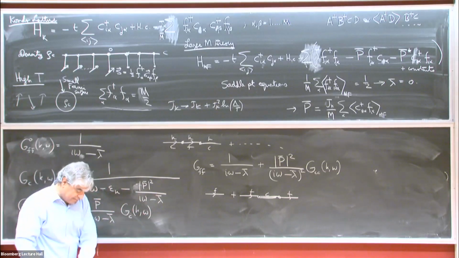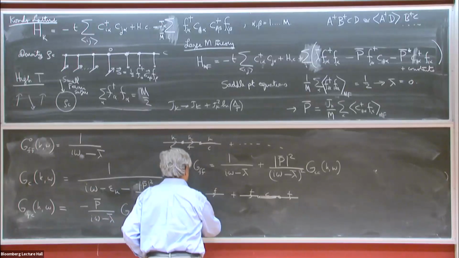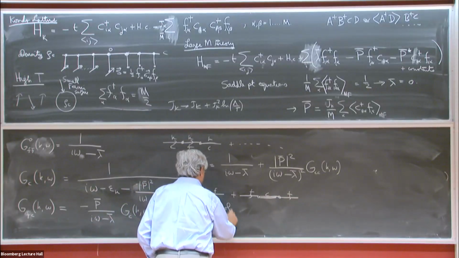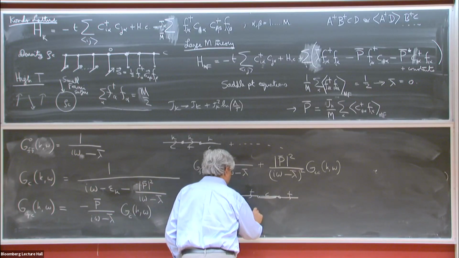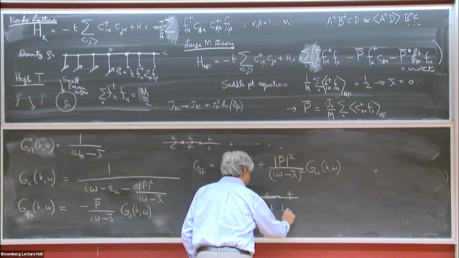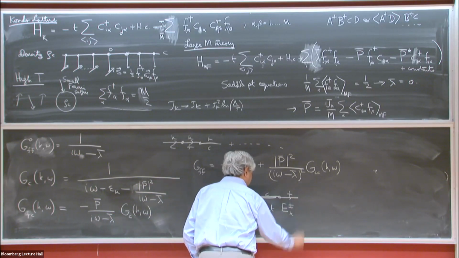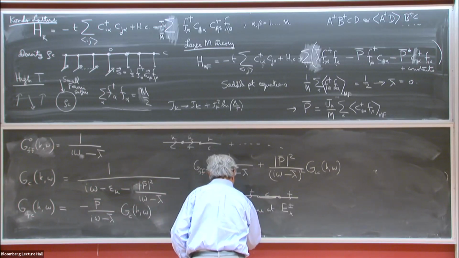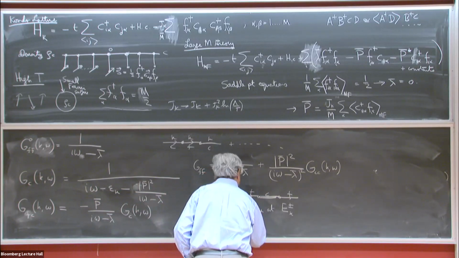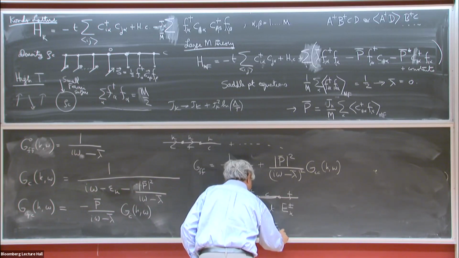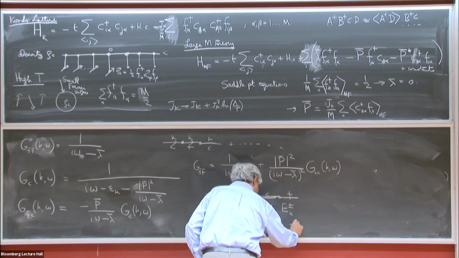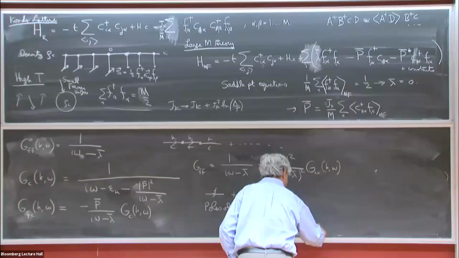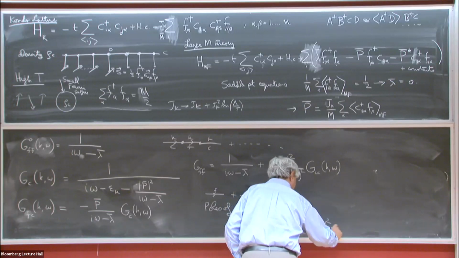So the poles of G_C are at E_k plus minus, where E_k plus minus is the solution of a quadratic equation: (E minus E_k)(E minus lambda bar) minus P bar squared equals 0.